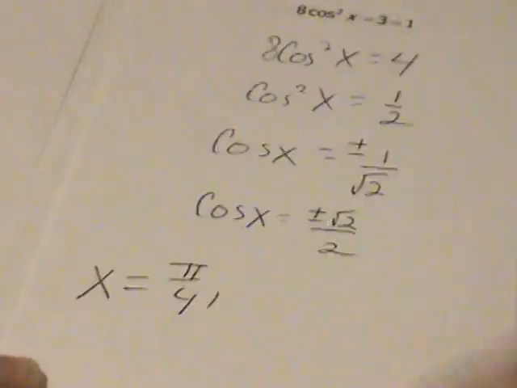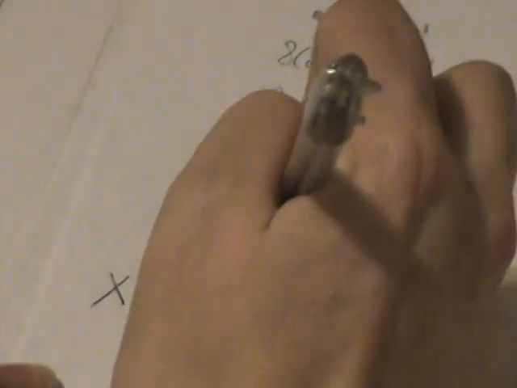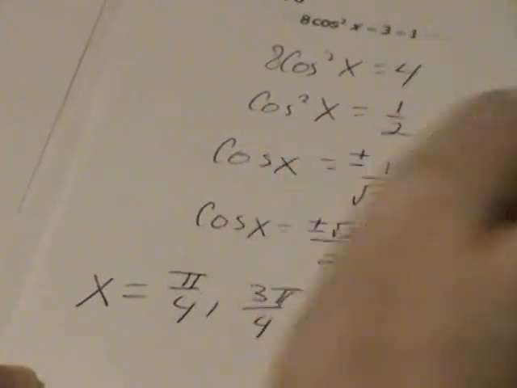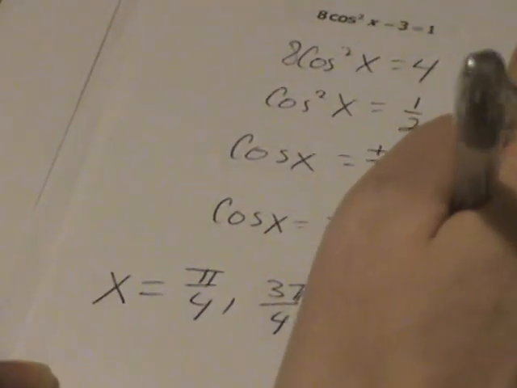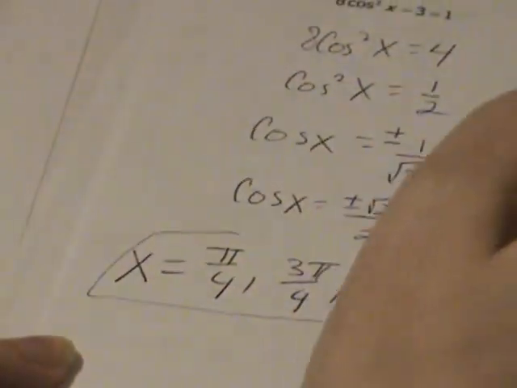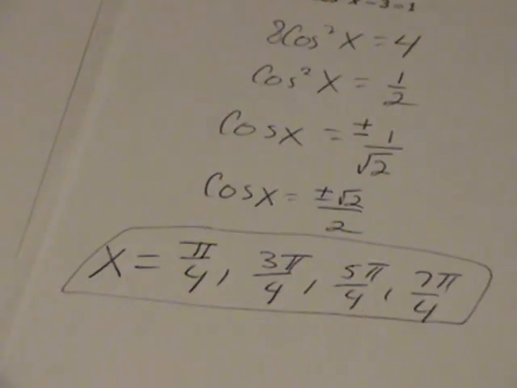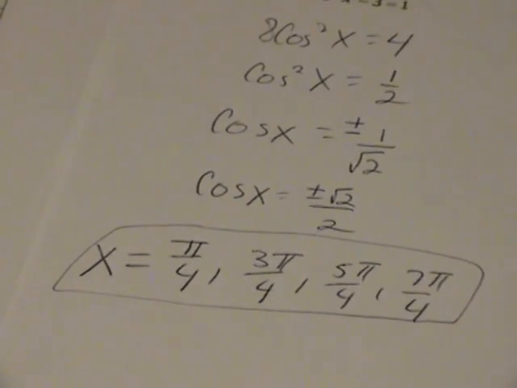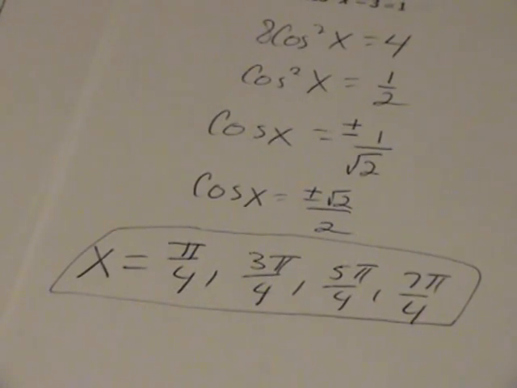So x equals pi over 4 in quadrant 1, 3 pi over 4 in quadrant 2, 5 pi over 4 in quadrant 3, and 7 pi over 4 in quadrant 4. So this particular problem had 4 answers. A minute ago we had no answers. It just depends on the situation. Next 6 weeks, we'll have some that have 8 answers.